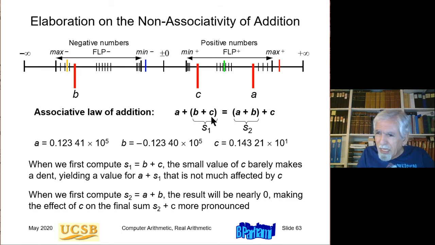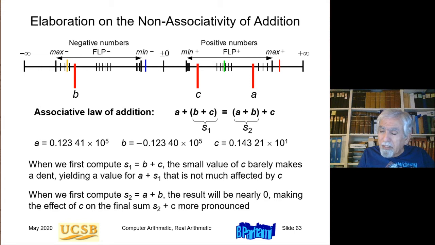When I compute S1 first, the small value of C barely makes a dent, yielding a value A plus S1 that is not much affected by the value of C. On the other hand, if I compute A plus B first, S2, this sum, the result will be nearly zero, making the effect of C on the final sum more pronounced.